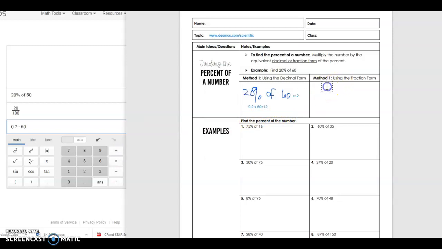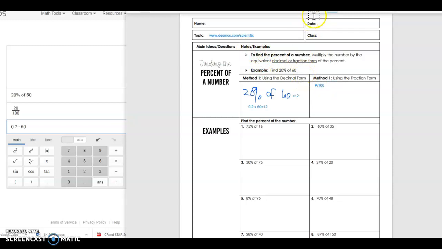So how would you do it as a fraction? You're going to make that 20% as a fraction. So remember, in order to make a percent as a fraction, it is P, or the percent, in the numerator, and 100 in the denominator. So I'll just put P over 100.